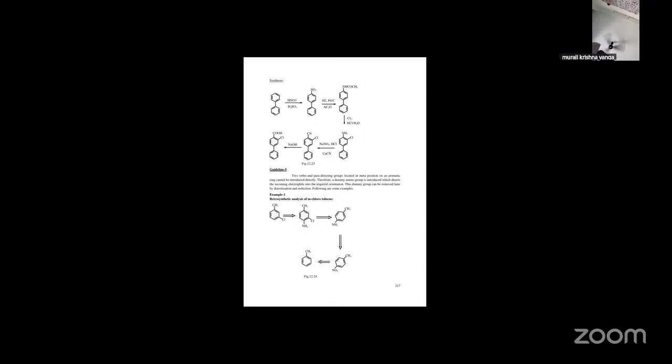This dummy group can be removed later by diazotization and reduction. The following are some examples given for the retrosynthetic analysis of meta-chlorotoluene.